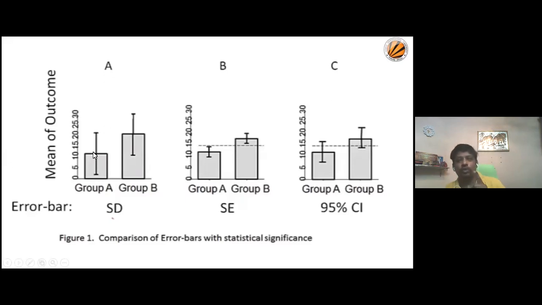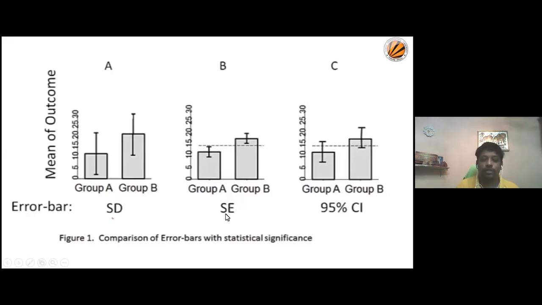The standard deviation is going to tell you the dispersion of your data. So it is not going to add any value if you just put standard deviations when you're comparing between two groups. We must not use standard deviations here, right?